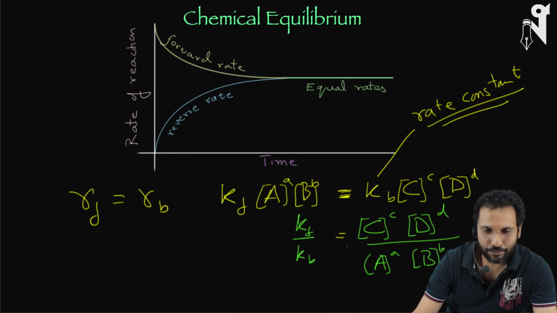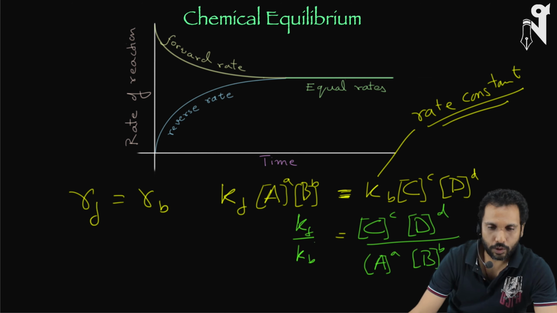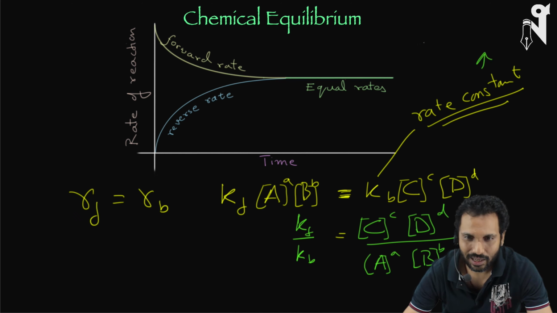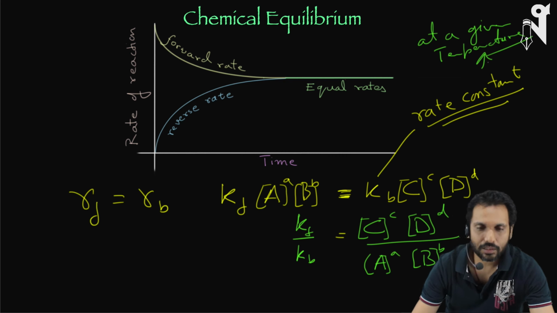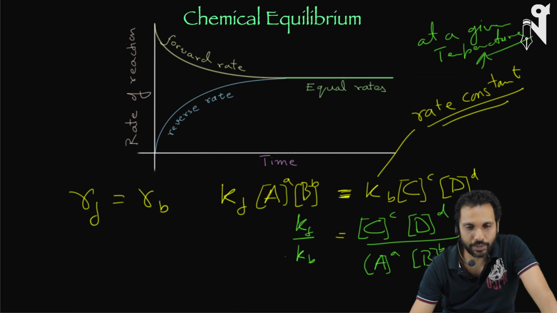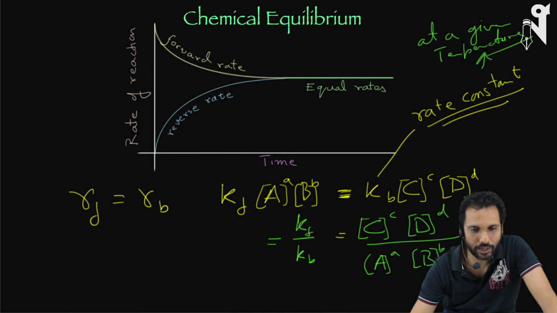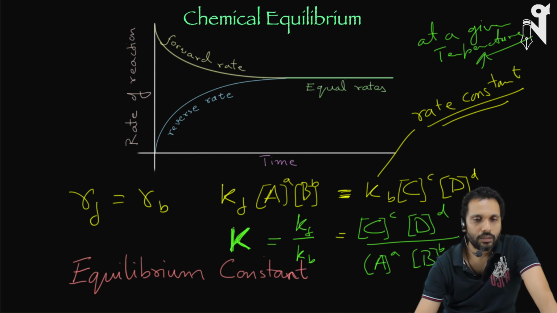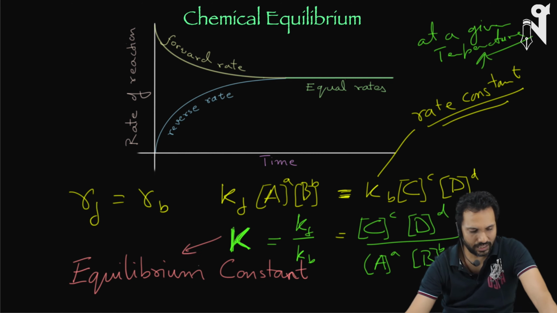Now K forward and K backwards both are constants at a given temperature. This ratio is called the equilibrium constant, capital K. This K is called the equilibrium constant.